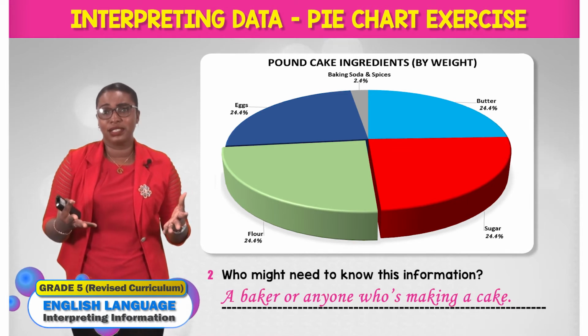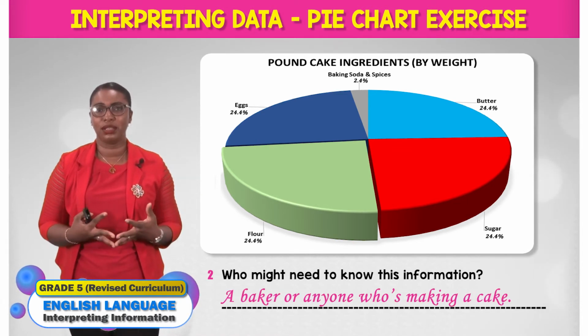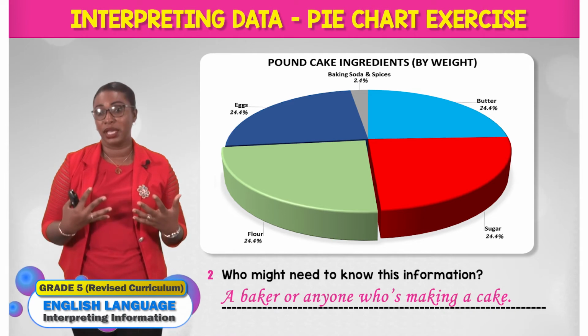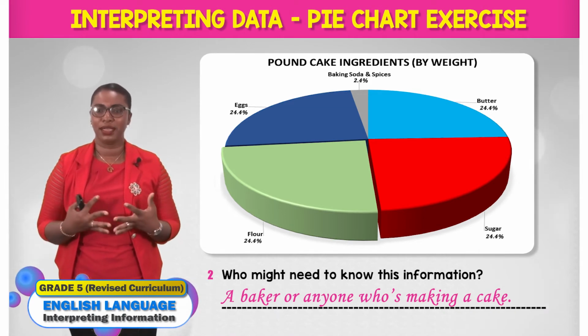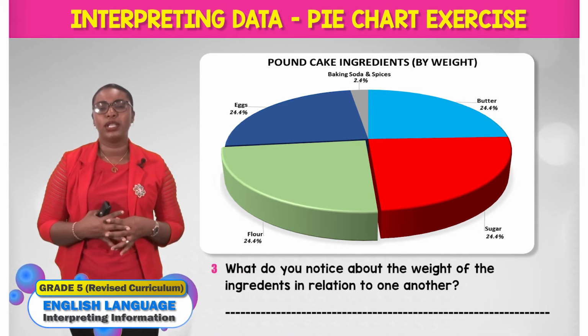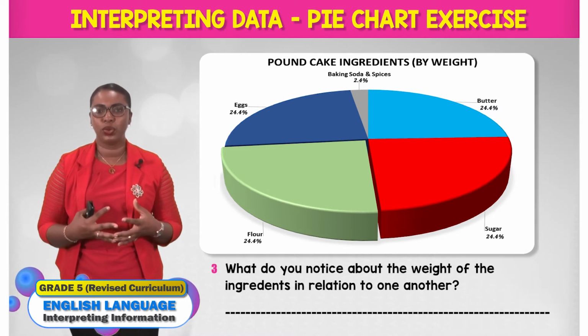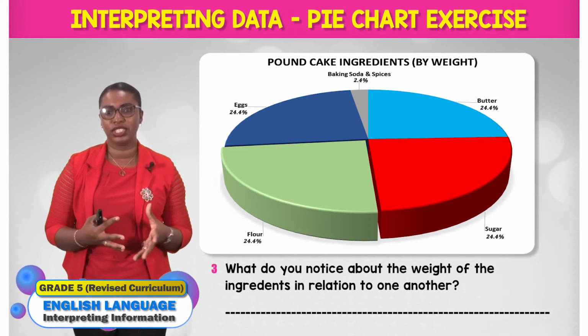Anyone practically who is going to make something, but more importantly, a baker or a person making a cake. Now, what do you notice about the weight of the ingredients in relation to one another?